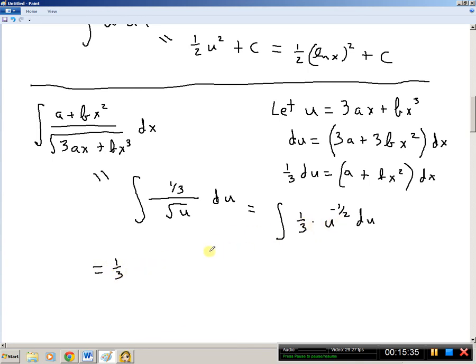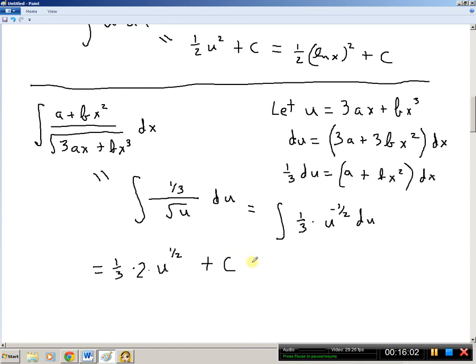I need an antiderivative, so I jack up the exponent to 1/2. Then I need to cancel that out, so I need to multiply by 2. So this is going to be my antiderivative. Let's just check that because I did a lot of calculations. The derivative of this is 1/2 times 2 will cancel, times u to the minus 1/2, and the 1/3 is along for the ride. So that's it.